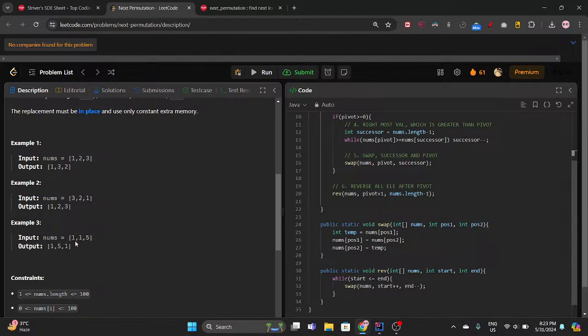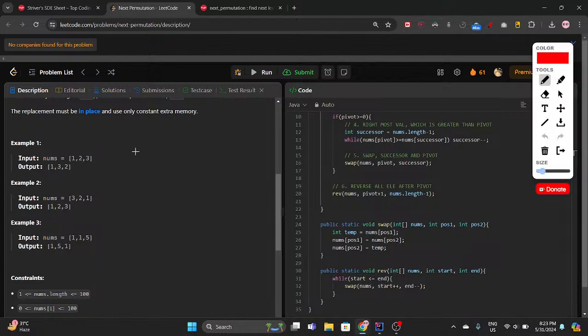Here, let's take a complex example. We want descending. 3, 2, 1 is descending.